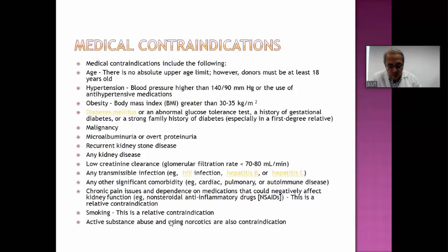That gives us an indication that the donor should not be 18 years of age, because if that person donates a kidney, they have to live another 50 years, up to the age of 70, with one kidney.